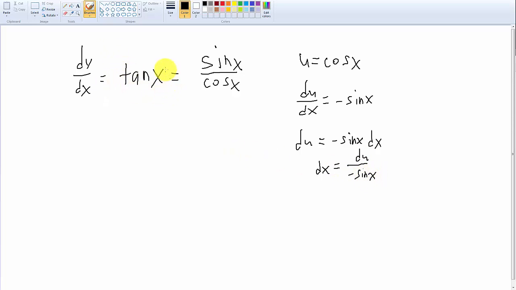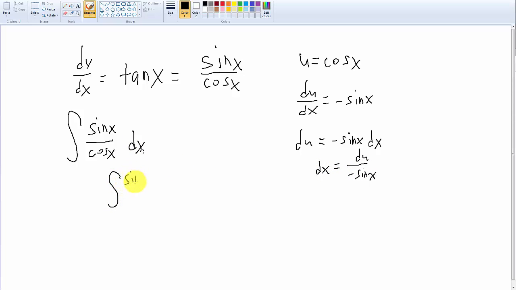So first let's write the integral of what we're taking. So we want to find the integral of sine x over cosine x with respect to x, dx here. So we set it at u, and we found an expression for dx in terms of u. So we just substitute this into the integral.